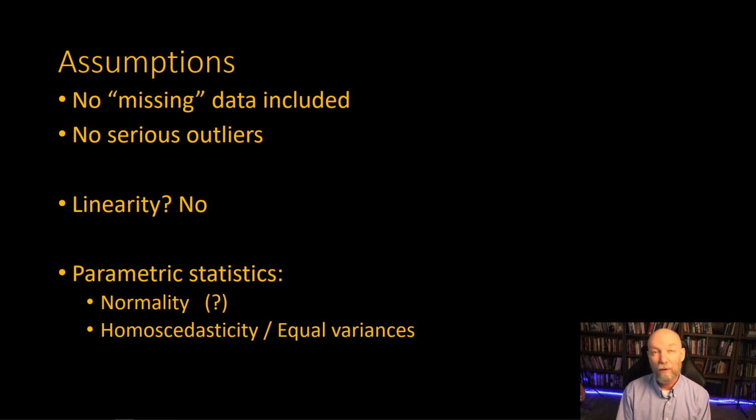Equal variances gets looked at more, but even equal variances oftentimes doesn't get a lot of attention in practical work. The real point here is, if you think there's much chance that homoscedasticity or normality are violated, then you need to be cautious to not overclaim from the results.